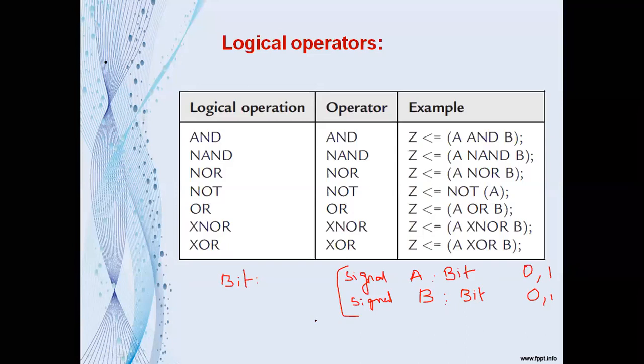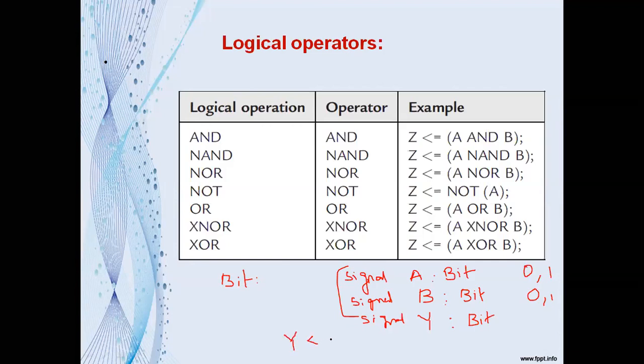Now if you want to perform a logical operation, declare another signal, signal Y. Y is an object of signal type, and the type of this Y object is again bit. Now you are writing a signal assignment statement.